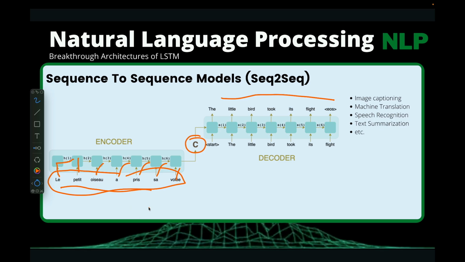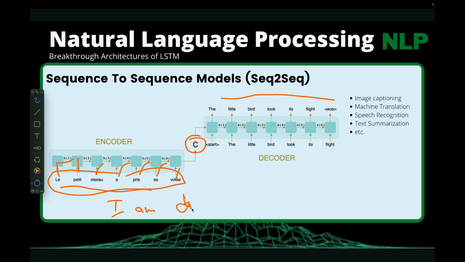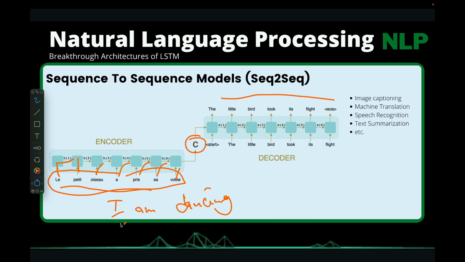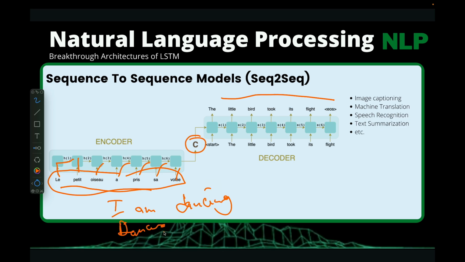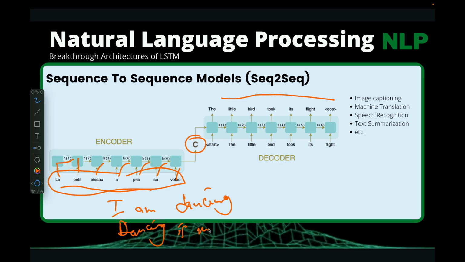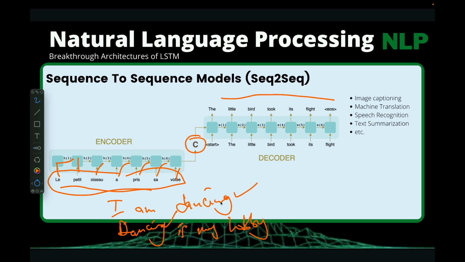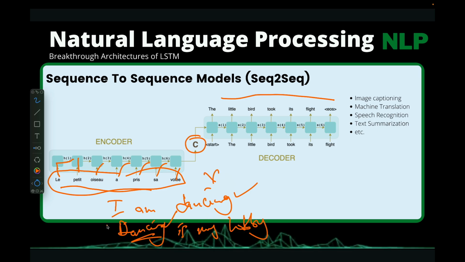Okay, because if someone writes "I am dancing", and then someone writes "dancing is my hobby", in this case here we have dancing and we have dancing, but the context is different. "I am dancing", this one becomes a verb, but in "dancing is my hobby", this dancing becomes a noun.